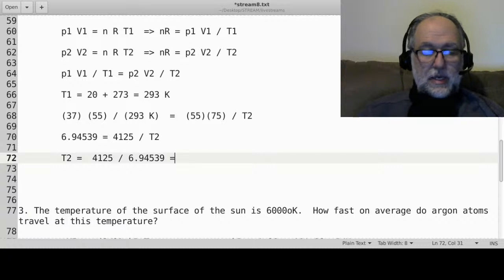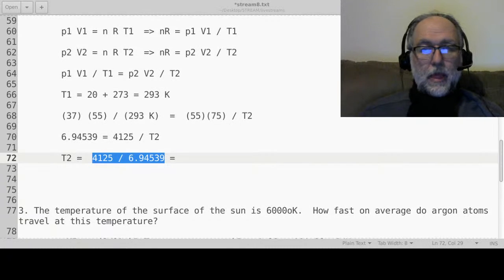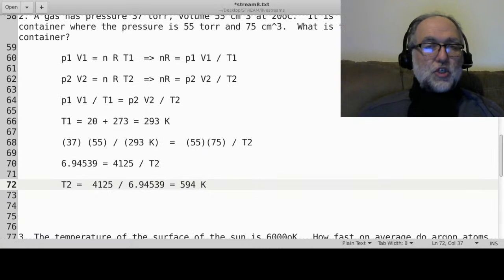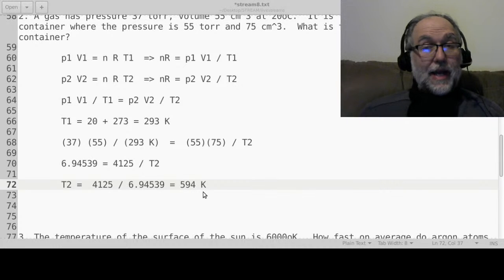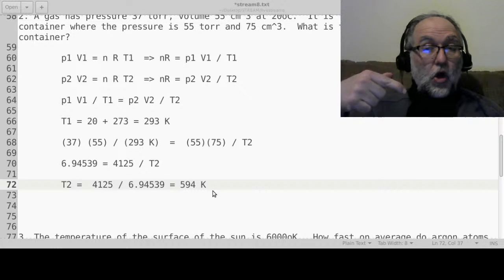And what's this going to equal? There's your answer. Let me round it off to 3 significant figures. The temperature in the new container is 594 Kelvin.